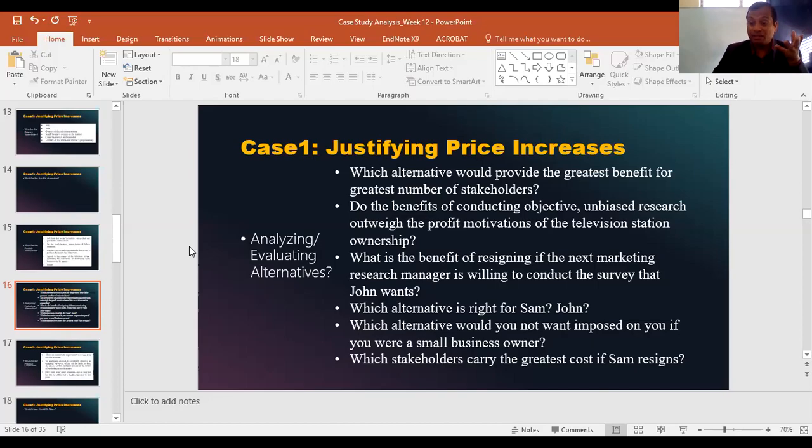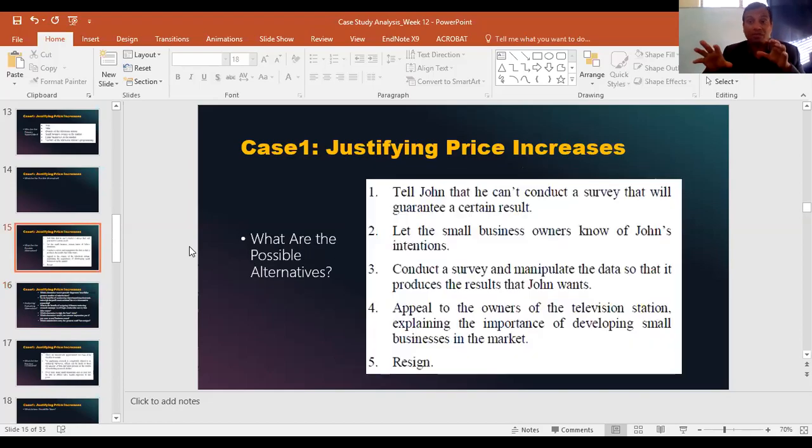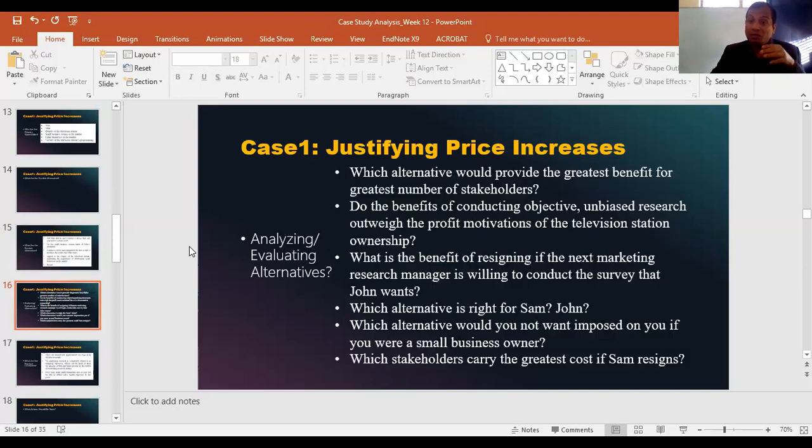If he resigns, who are the stakeholders? Which stakeholders have a greater impact? So while evaluating the alternatives, you need to think about all these questions in the context of all 5 options, and then you will take your own decision.